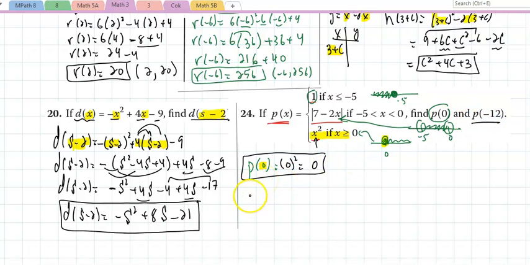If I take p of negative 12, where is negative 12? Negative 12 is to the left of negative 5. Since this is a function, this value will only be in one of those 3. So what does y equal? Y equals 1 regardless. This is a special case.